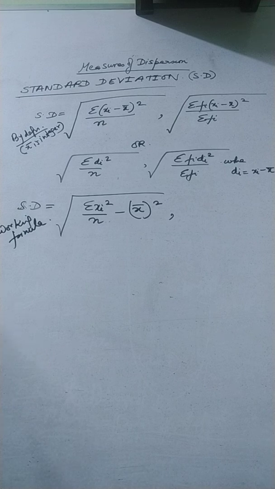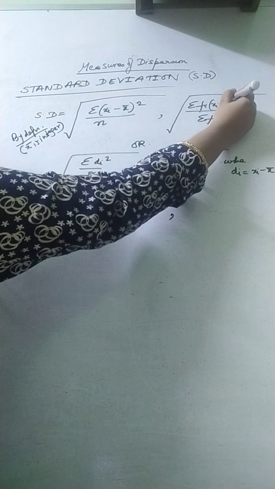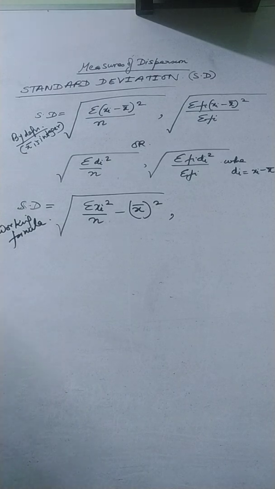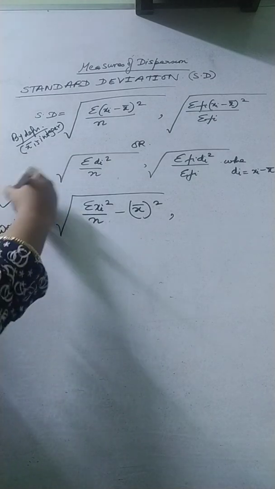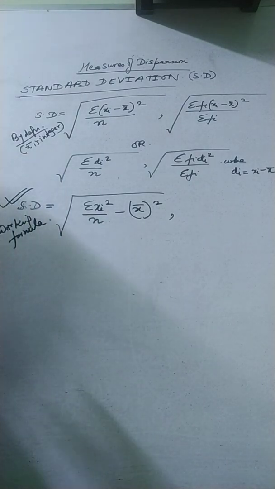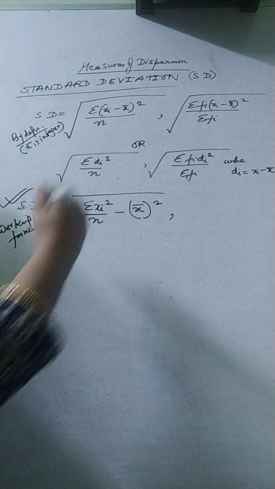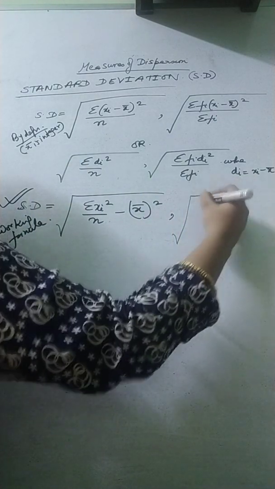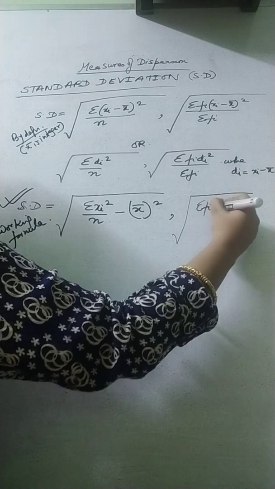So to avoid that, it's better not to use it when x bar is not an integer. When x bar is an integer, you can proceed with it. Otherwise, it's better to use the working formula. Then you don't have to worry about anything else. If frequencies are associated, then the formula is summation fi xi.